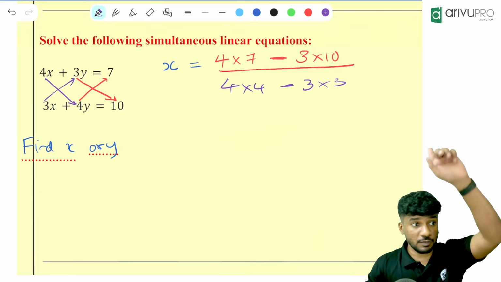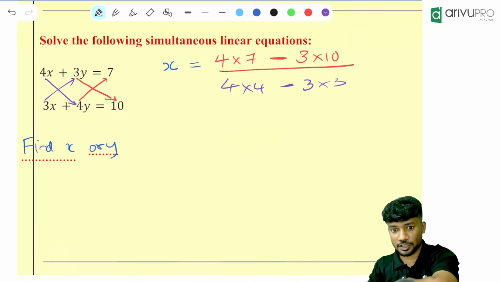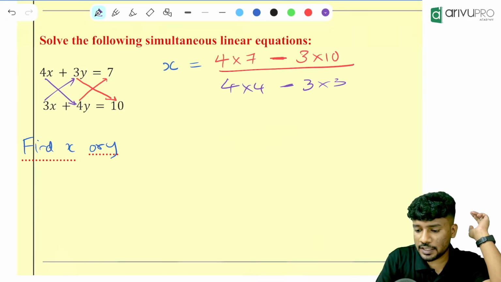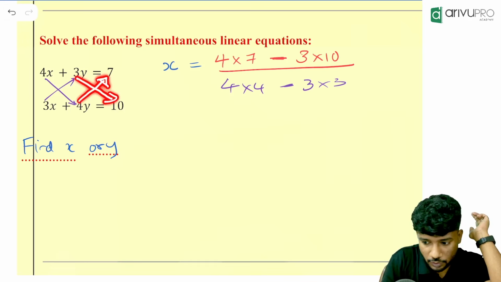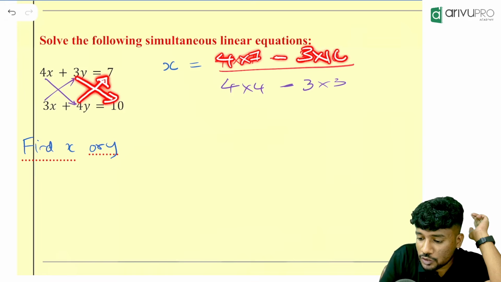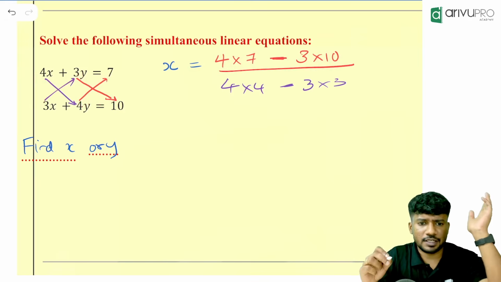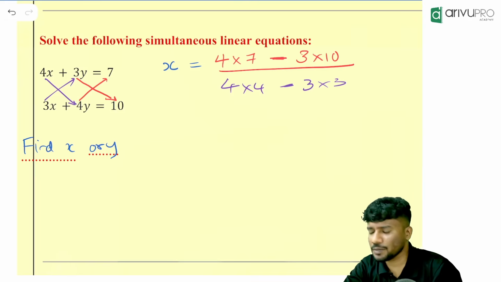First you take the coefficient of y and cross multiply with the constant term of the second equation. Always remember this: from down to up, then up to down. So 4 into 7 minus 3 into 10, divided by 4 into 4 minus 3 into 3. That will be up to down and up to down itself. Keep it in your mind.